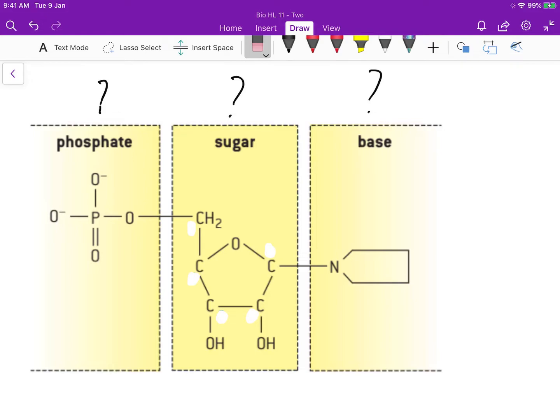Now you can see around here that we're going to get into labeling. To the right, it kind of looks like a house. If that's the roof of the house, we look up to the roof and the right top of the house is labeled as carbon 1.